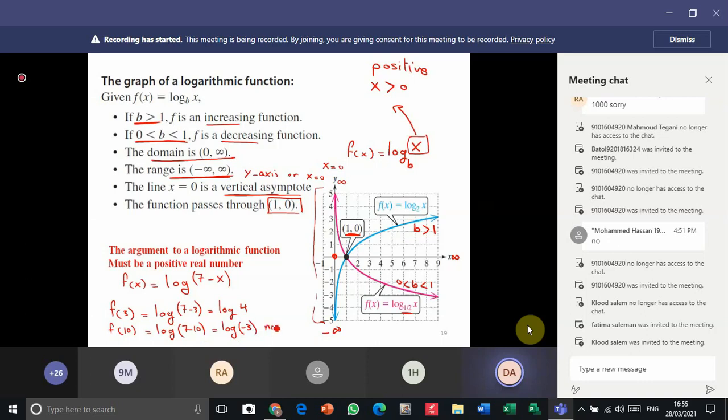This is not defined, undefined, because the result inside the logarithm, the argument, is negative. The argument must be positive.